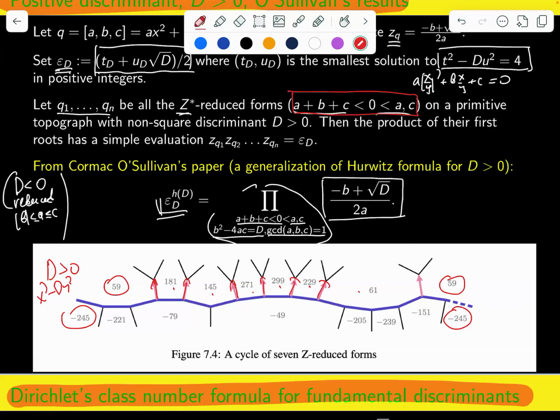But now you say that if you have a quadratic form with positive discriminant, let's look at the river on the topograph. It's periodic, and the reduced forms are just the forms which live near the river. I think it's much nicer than any algebraic definition. Okay, so what we should do is just take the product of the roots of these quadratic forms corresponding to these edges.